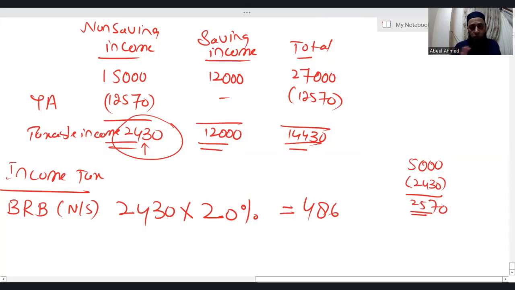In this question, you will not be getting the entire 5,000 starting rate band for the saving income, because in the column of non-saving income, your taxable income is 2,430. From the 5,000, you have to deduct 2,430, and whatever is left, that means this much starting rate band is left, which is 2,570.